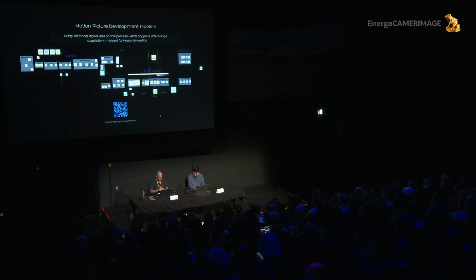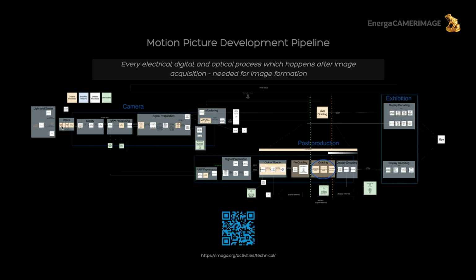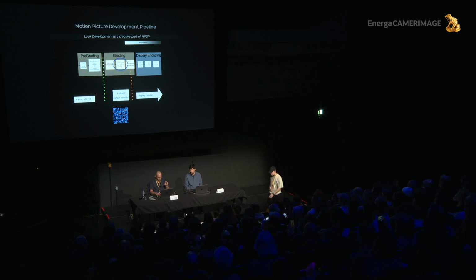So the motion picture development pipeline is a complex beast, running through a lot of building blocks, transformations, inverse transformations, and scales up and down. And a lot of things can go wrong. But what we are talking about is only inside the post-production side of things, deeply embedded into color management.